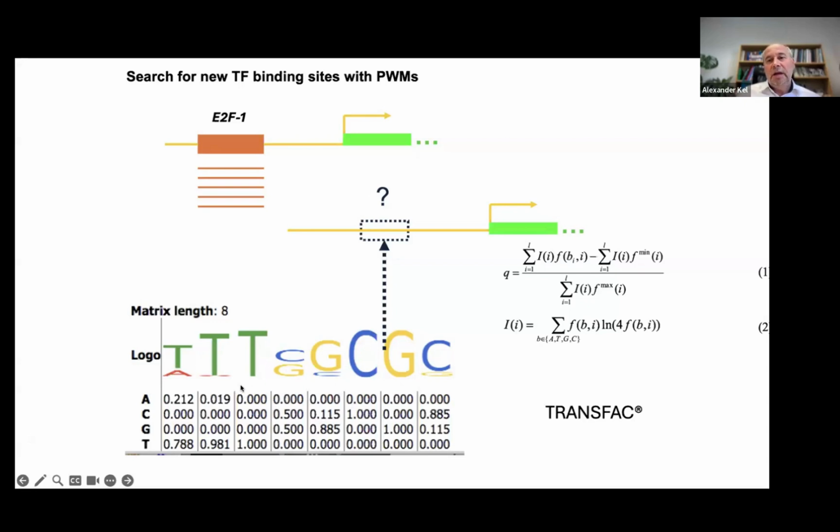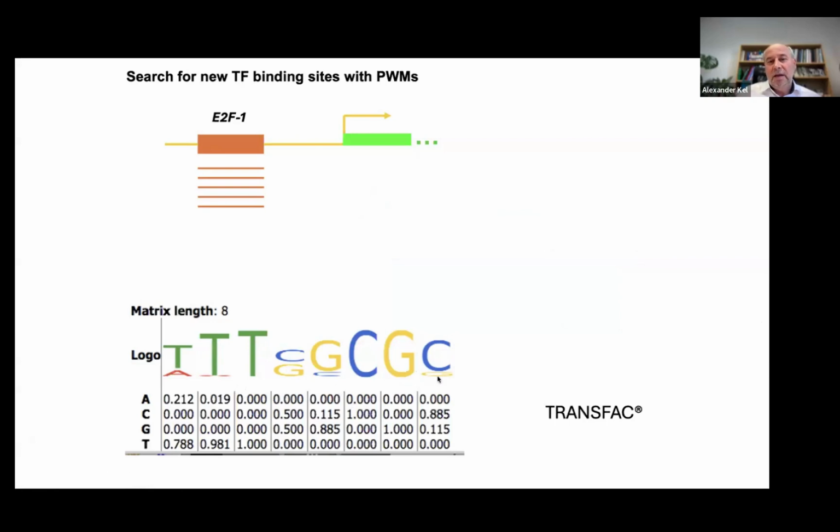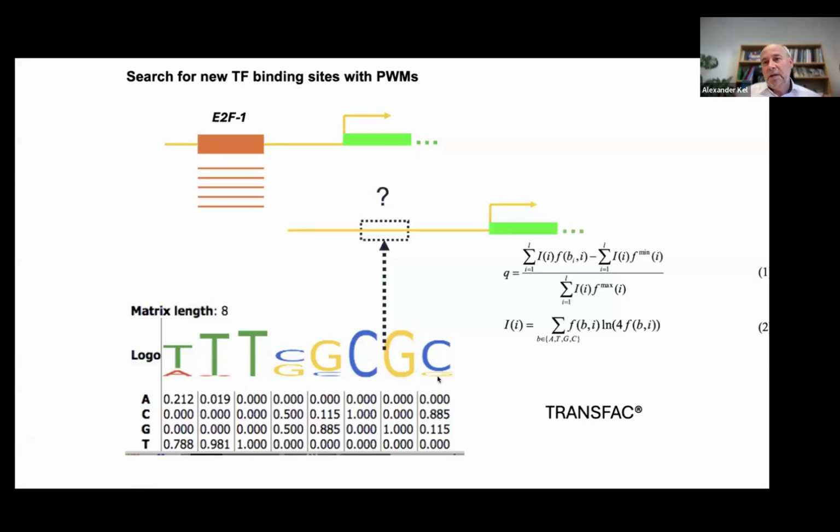And then in this algorithm, in the match algorithm, we actually split the score in two parts. First part is called the score of the core. So the 5 most conserved nucleotides inside the sequence, inside the pattern, we call it also the motif, and the overall score, which is calculated for the whole length of the motif.